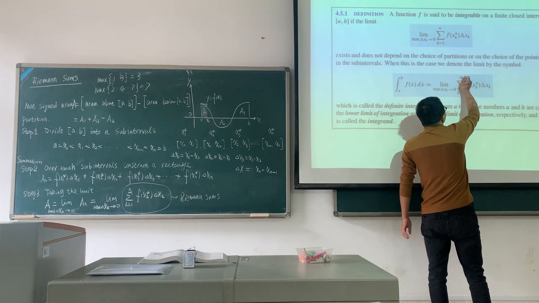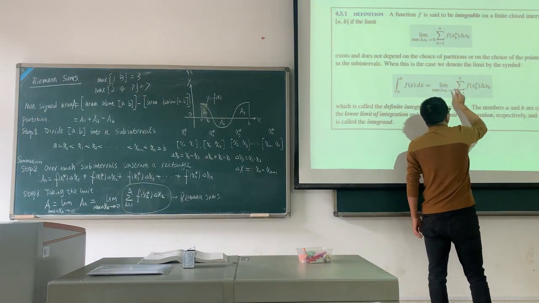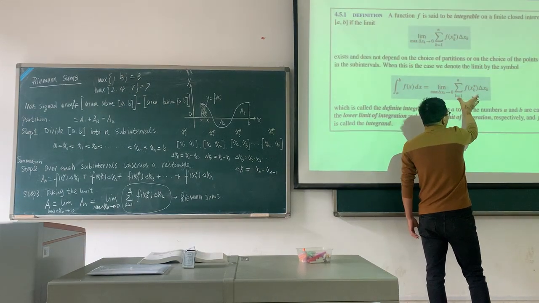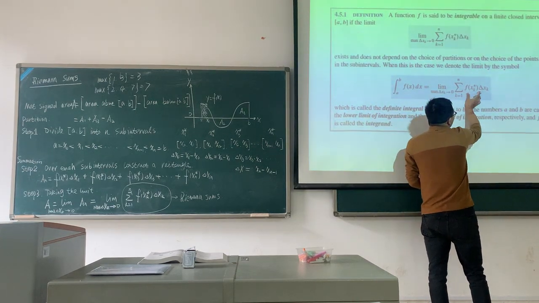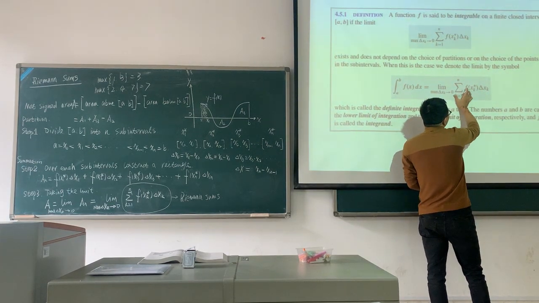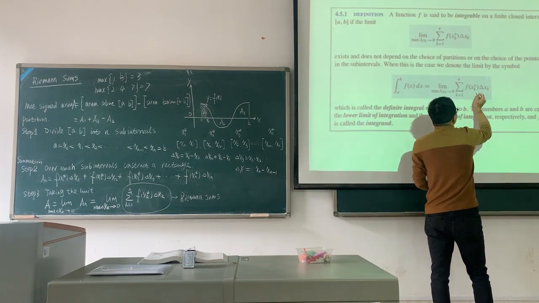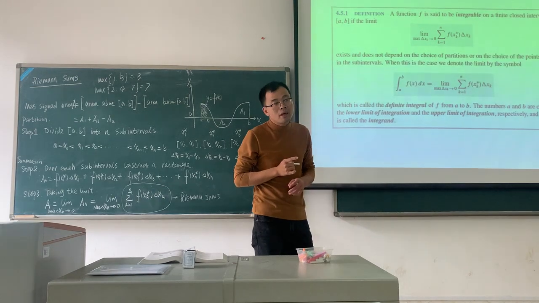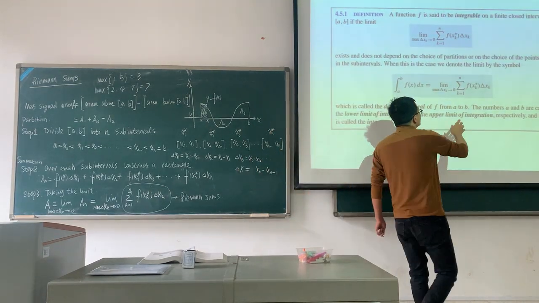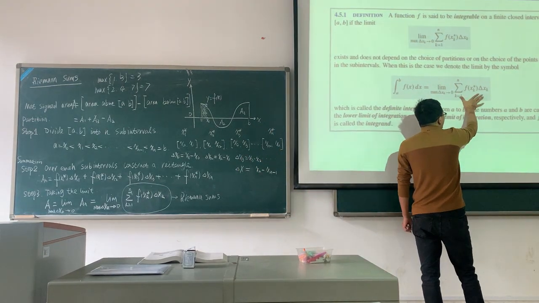This part is the Riemann sums. Each term is the area of a rectangle, so this is the sum of n rectangles.